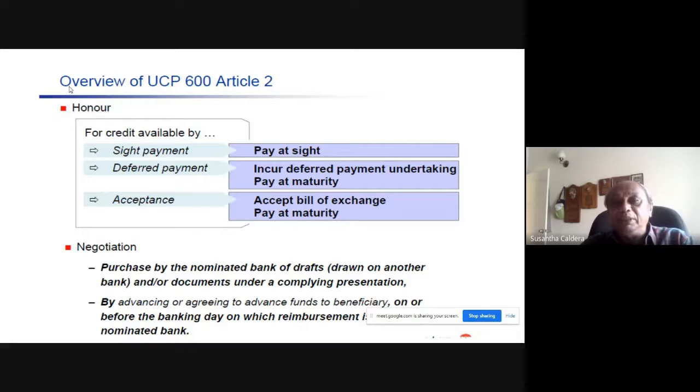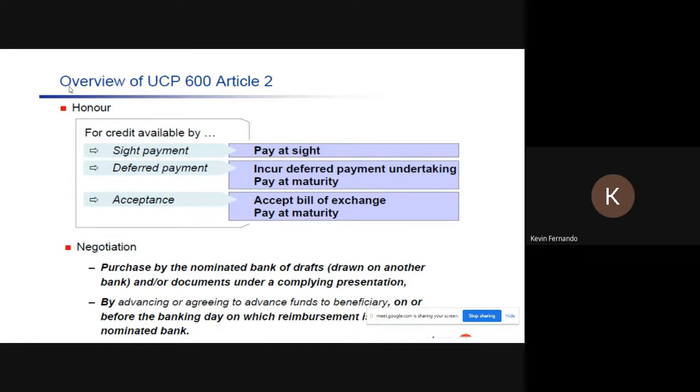What is the difference between deferred payment and acceptance? Undertaking to pay.